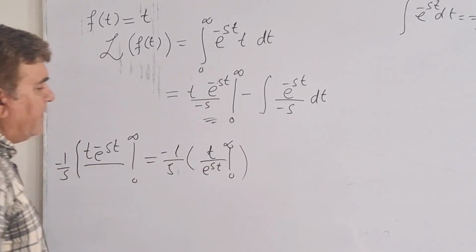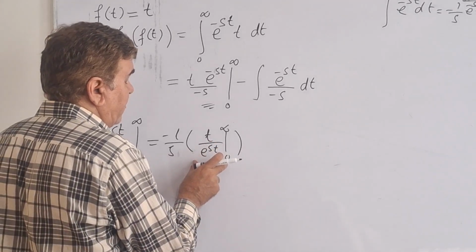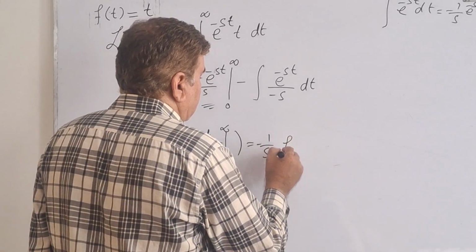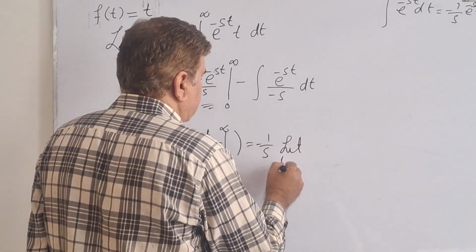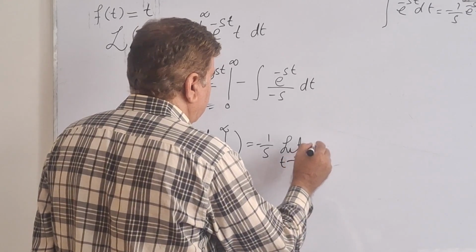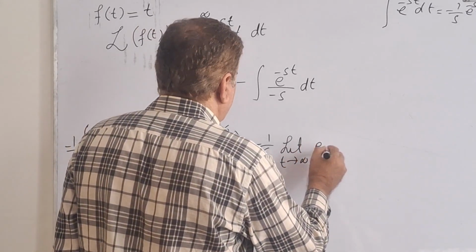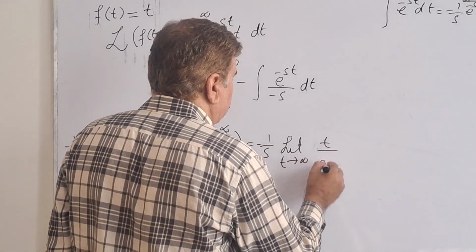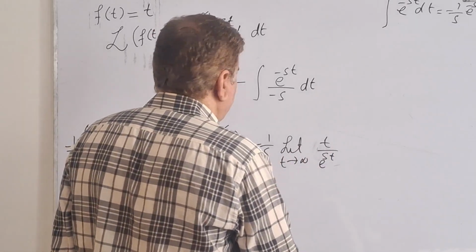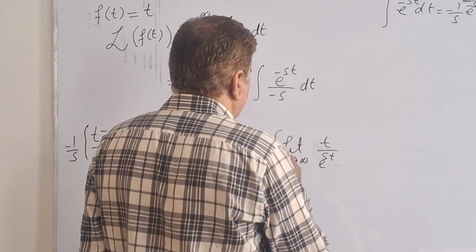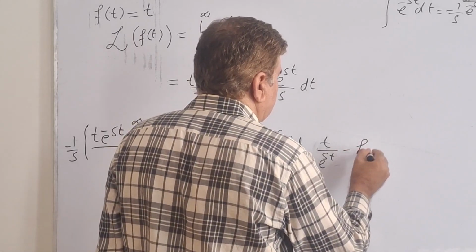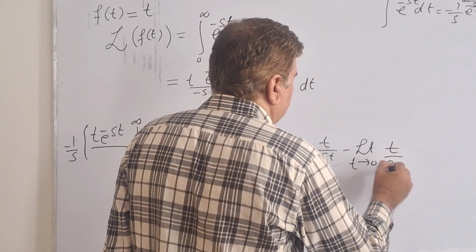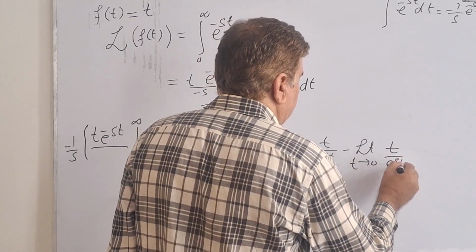Now I can split this for the upper and lower limit in the form minus 1 over s times the limit t tends to infinity of t divided by e to the st, and then for the lower limit I can write minus the limit t tends to 0 of t divided by e to the st.